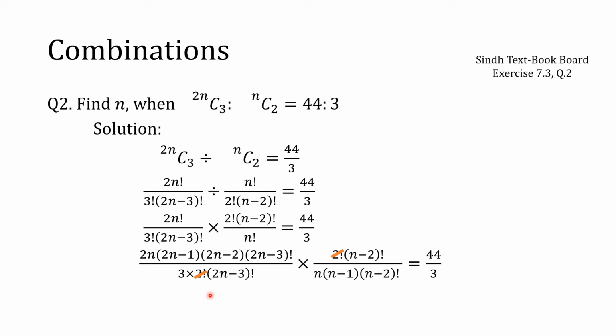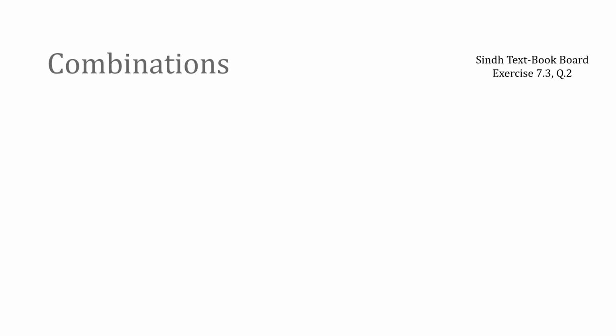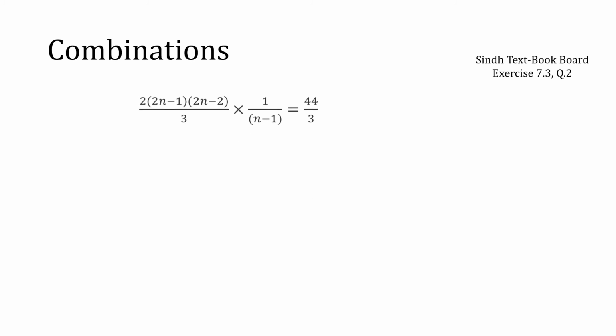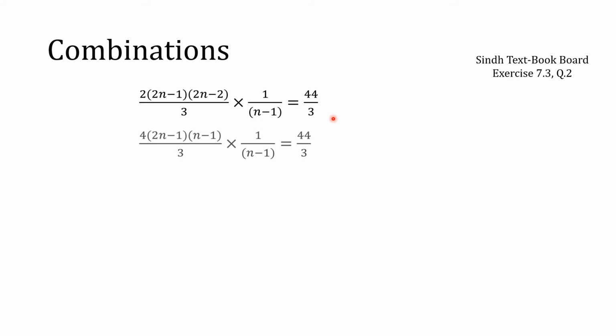Here 2 factorial will get cancelled. Also 2n minus 3 factorial will get cancelled, and this term will get cancelled also. So the remaining term is 2 times 2n minus 1 times 2n minus 2 over 3 times 1 over n minus 1, is equal to 44 over 3.